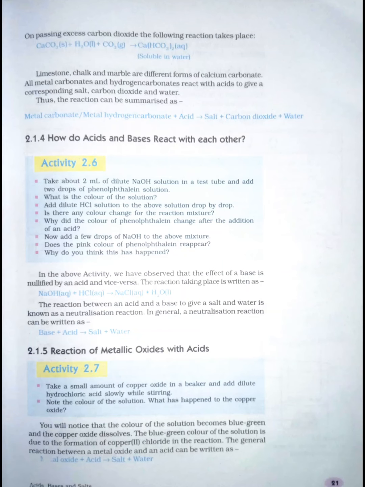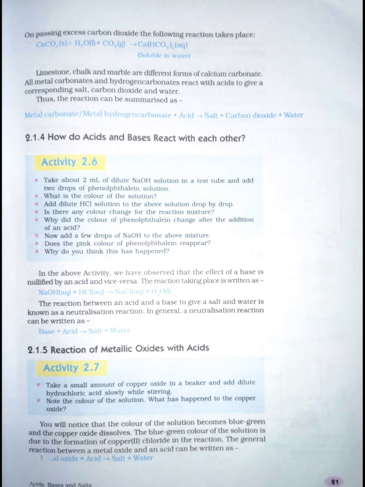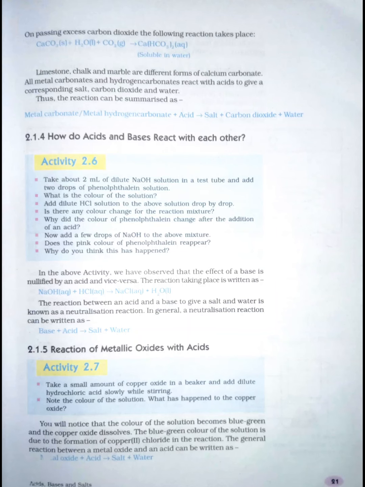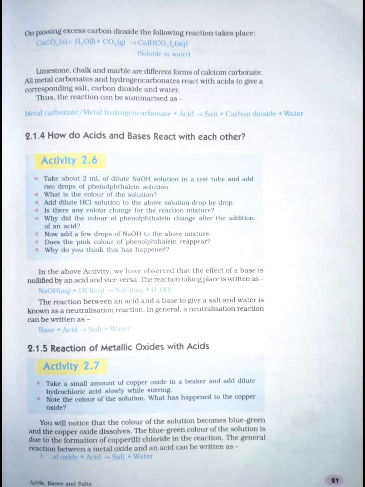Page number 21. On passing excess carbon dioxide, the following reaction takes place: CaCO3 plus H2O plus CO2 is equal to Ca(HCO3)2, soluble in water. Limestone, chalk and marble are different forms of calcium carbonate.